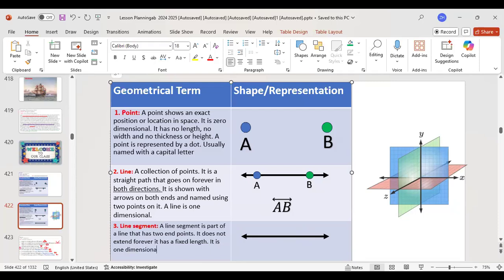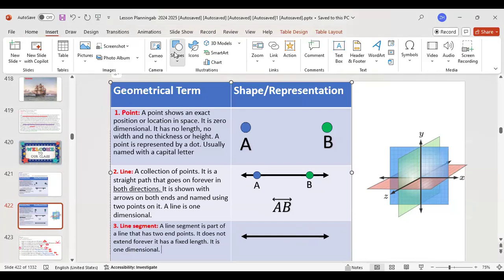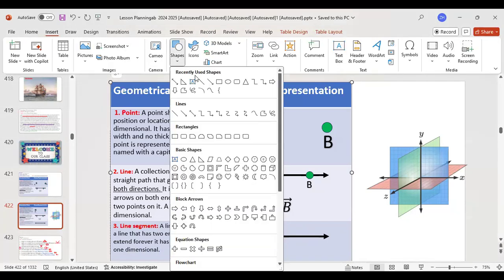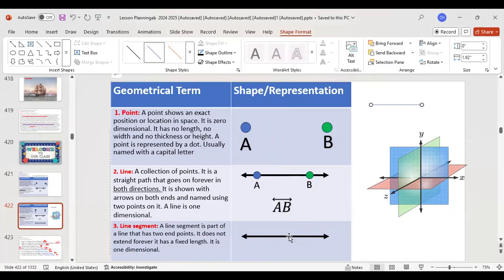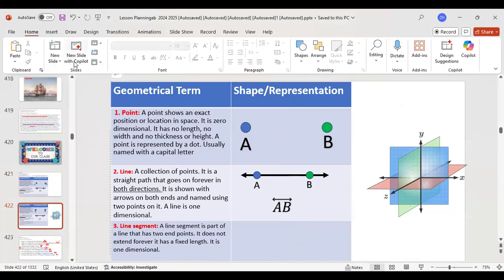It's still a line. So why is this not a line segment? Someone tell me. It has the arrows on it. It has 2 arrows. This is a line. It's not a line segment. Okay. So that's definitely that.